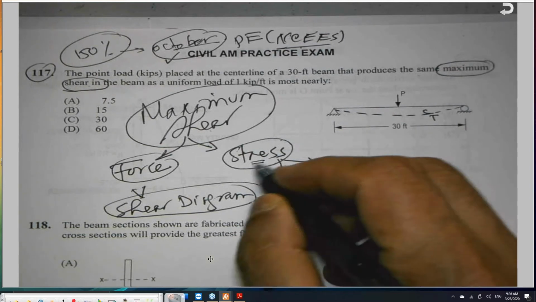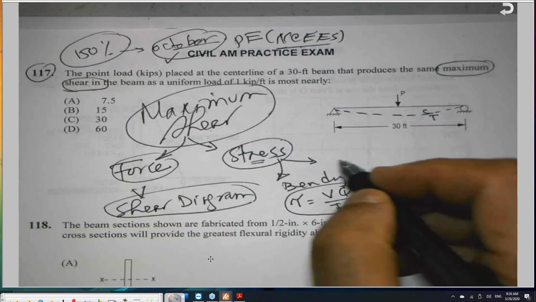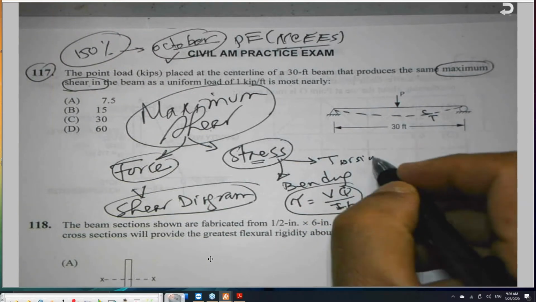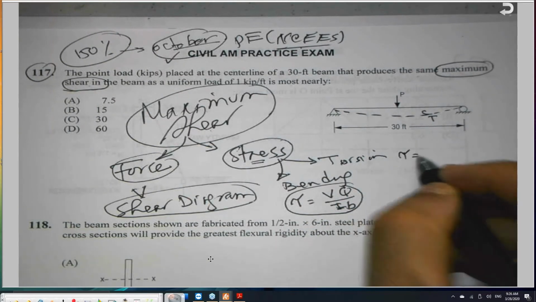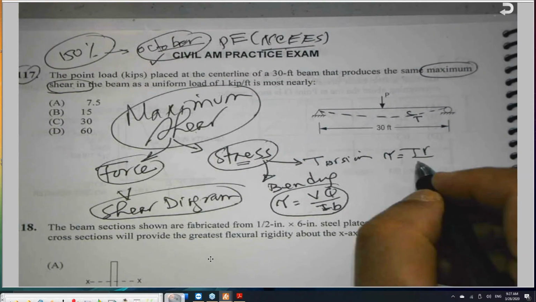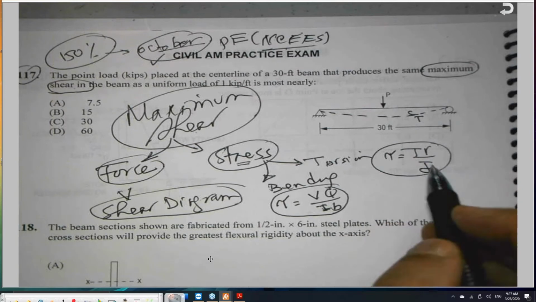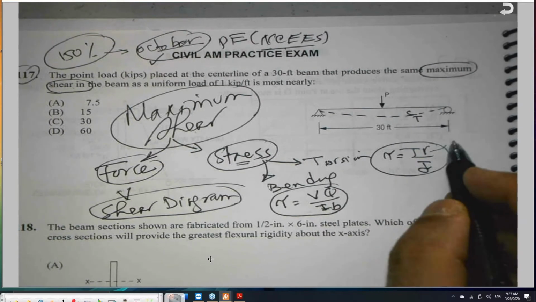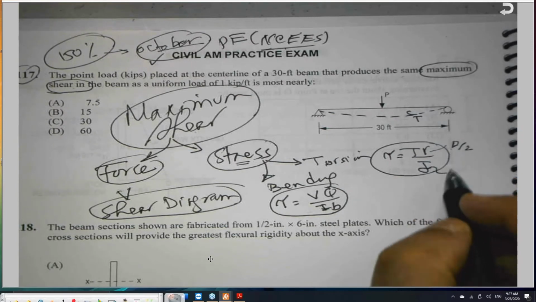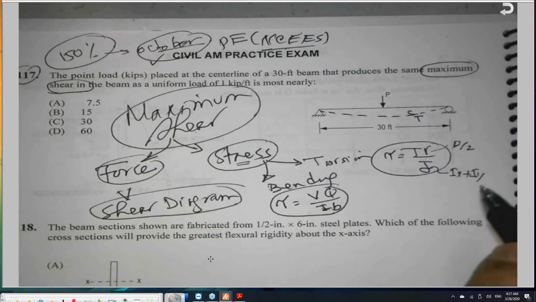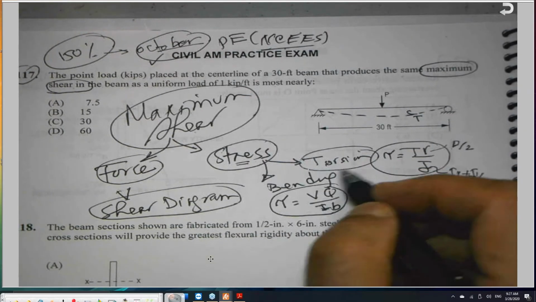So shear stresses under bending, and we have shear stresses under torsion, which also use tau, but here tau is equal to TR divided by J. This famous equation: T is the torque, R is the radius, not the radius of gyration. This is R, which is D over 2, and J is the polar moment of inertia, which is Ix plus Iy, the sum of the moments of inertia. So this is shear stress under torsion.